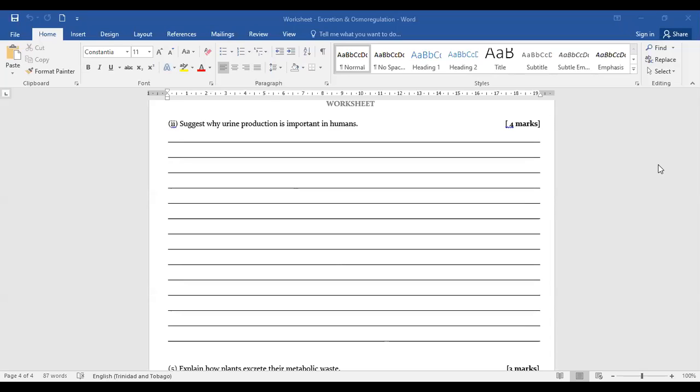Osmoregulation is regulating the fluid content in your body. So urine production also helps with that. It regulates the amount of water found in your body. It regulates the amount of salts in your body, everything. So urine production helps in osmoregulation.